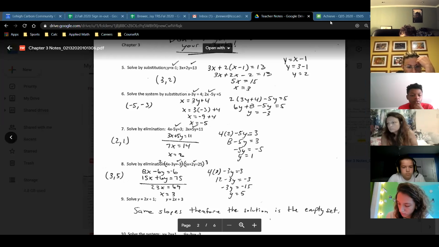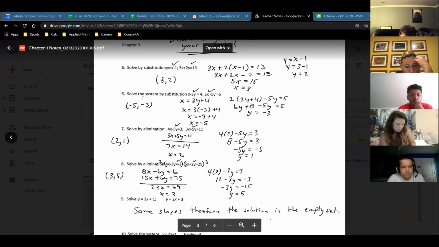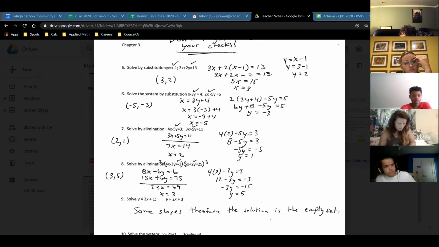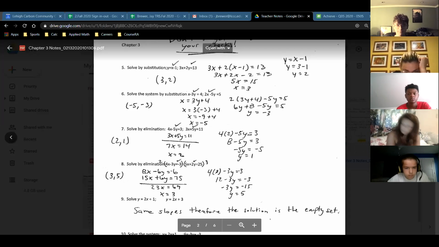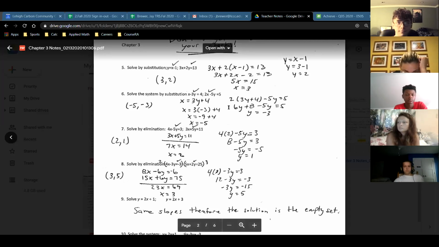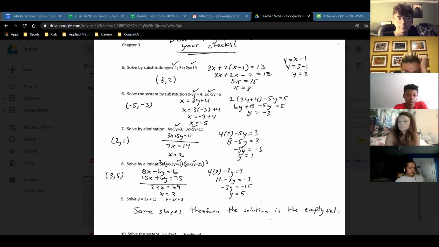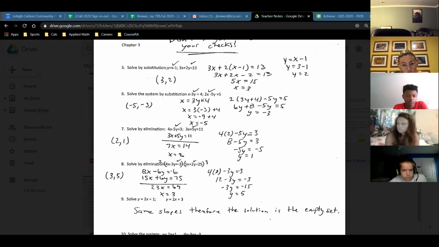Could you try 6? Sure thing. So with 6, what we had to do first is we had to get the x by itself. And we picked the first equation because, actually, I'll just keep doing it verbally because I know some people are still writing other stuff. We picked the first equation because x is by itself almost. There's a negative 3y with it. So you have to move the negative 3y over to be with the 4.